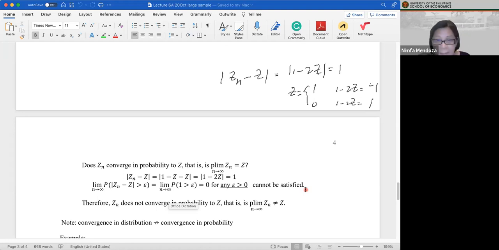This event is 1 greater than epsilon, or epsilon is less than 1. But the condition for convergence in probability requires any epsilon greater than 0. So epsilon here can be less than 1, and epsilon can also be greater than 1.